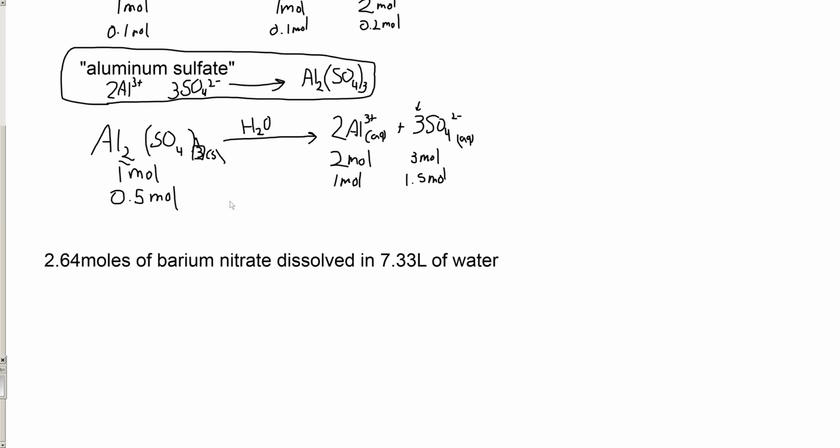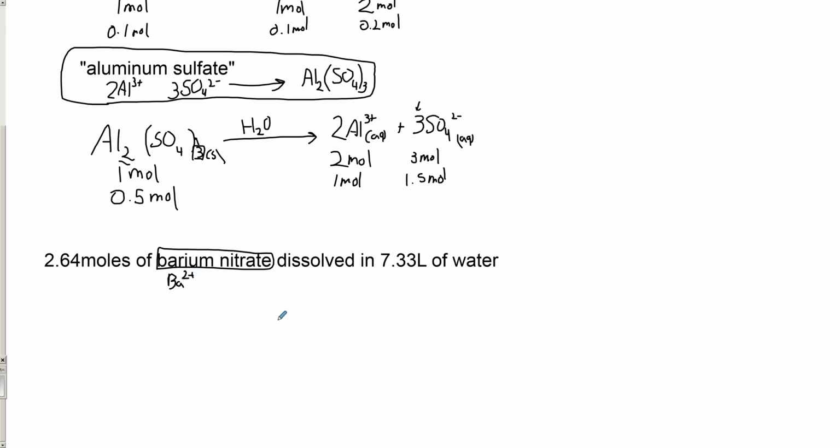So the first thing I need to do is my good old dissociation equation. And in order to do that, I need to solve what the chemical formula of barium nitrate is. I don't have the whole periodic table memorized, but I know a lot of it, or at least the most common ones.